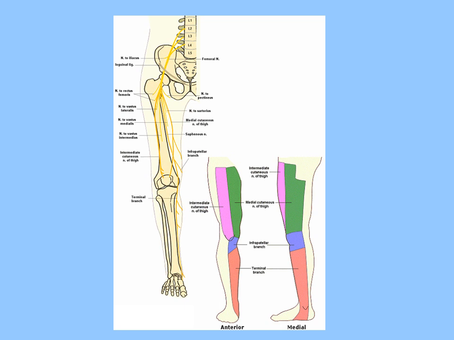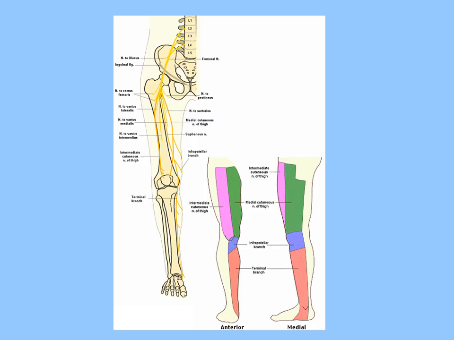These structures run deep to the sartorius and through the adductor muscle and adductor hiatus to the medial knee, where the saphenous nerve provides sensation from the medial knee.